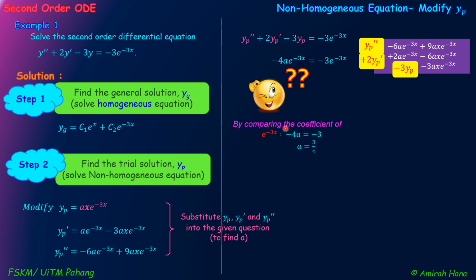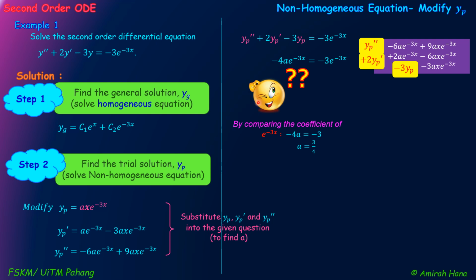After that, by comparing the coefficient, now our goal is to find the value of a. Because after we find a, we are done with step 2, which is to find the trial solution yp.